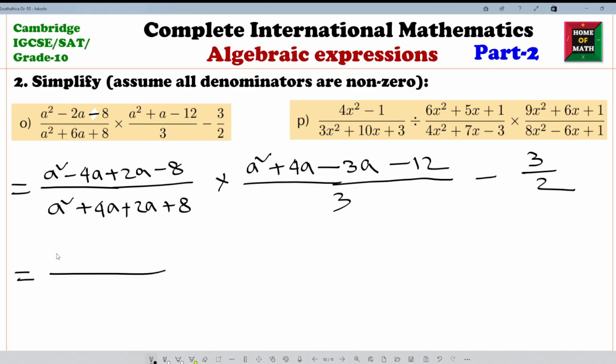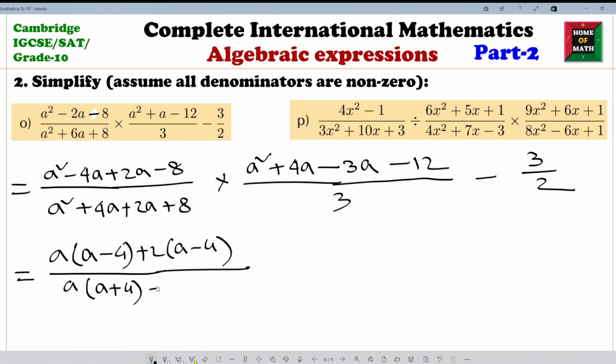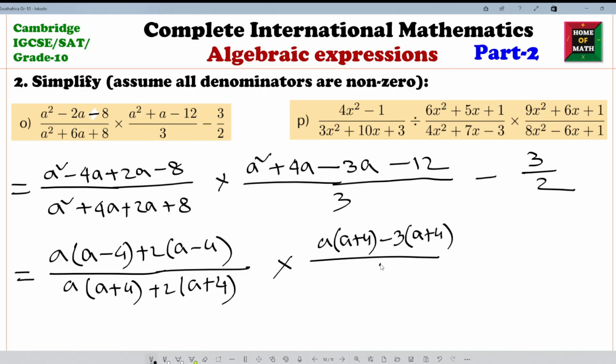Taking common a: a minus 4, plus 2 common, over a plus 4, plus 2 common, times a plus 4, minus 3 common.